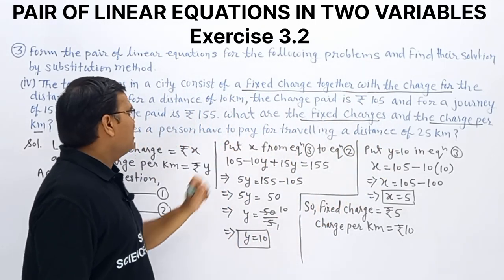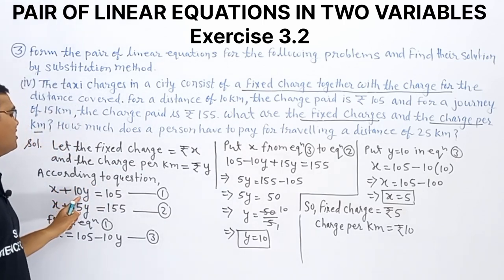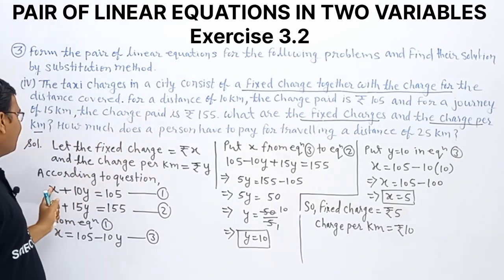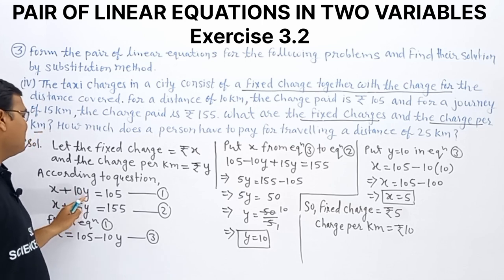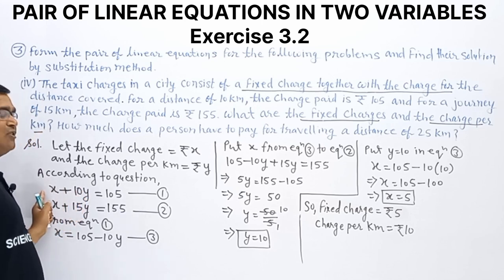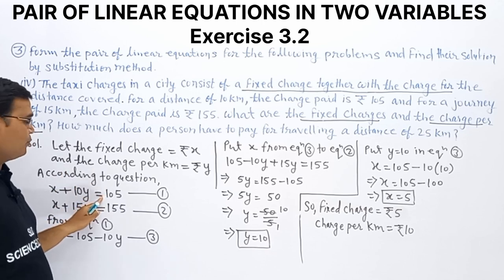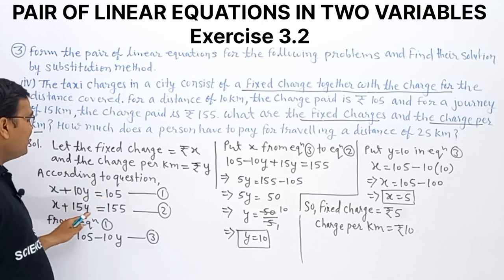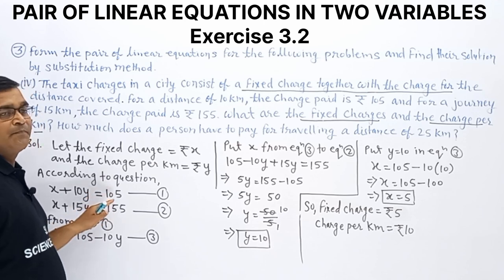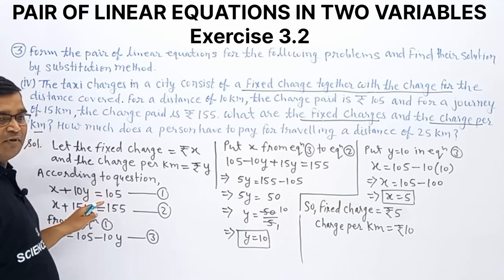So we can say x plus 10y equal to 105. Similarly for 15 kilometers, the fixed charge plus 15y equal to 155. These are the two linear equations.